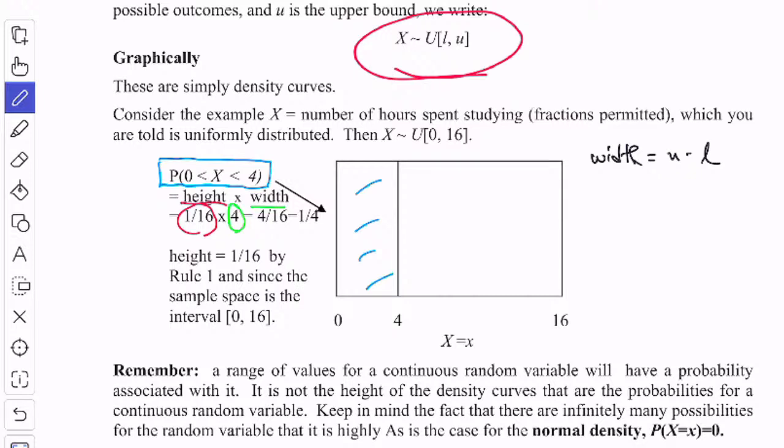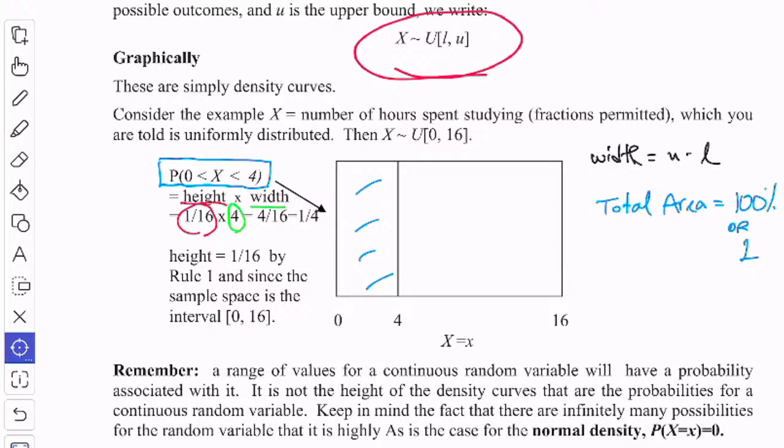No. All right, so we know the area under a curve or density curve has to be 100%, right? So let's look at the total.